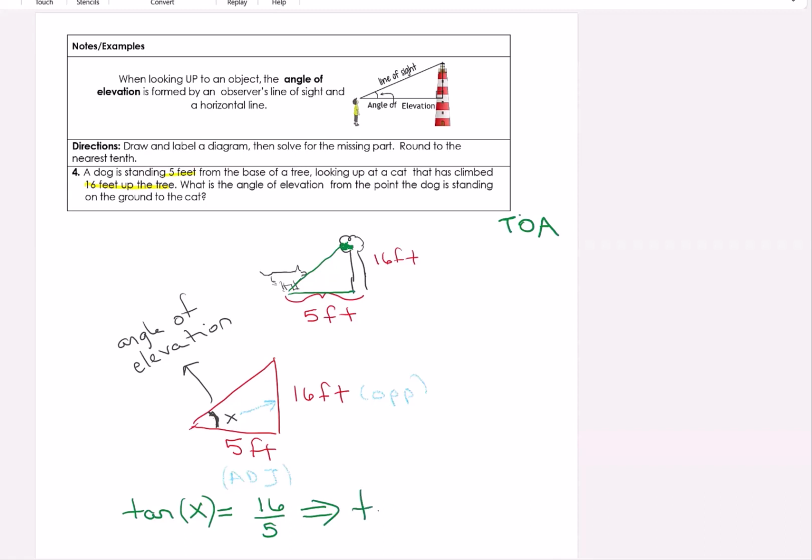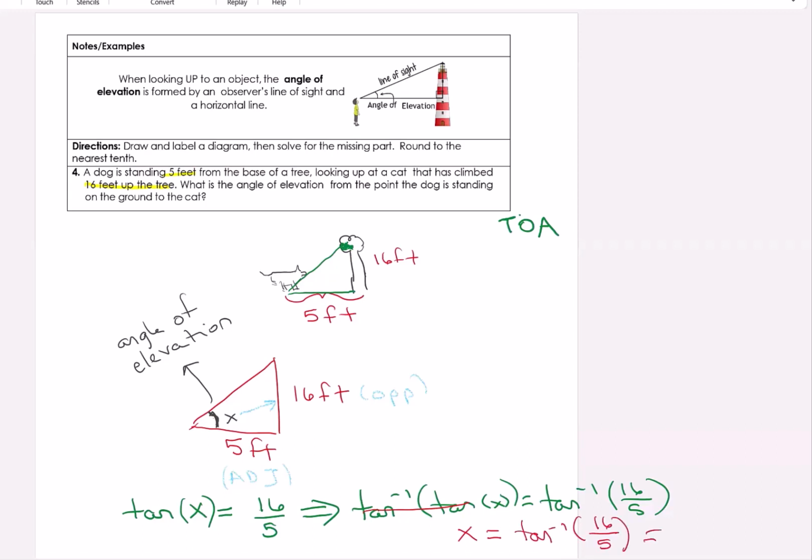And if I take the inverse tangent of both sides, the property that it has, the inverse tangent of the tangent cancel, and I just get X is equal to the inverse tan of 16 over 5.